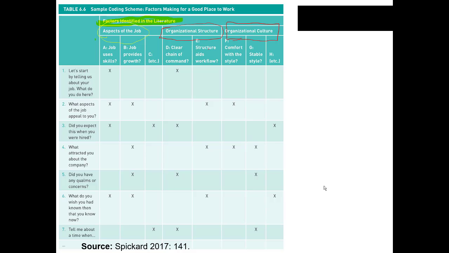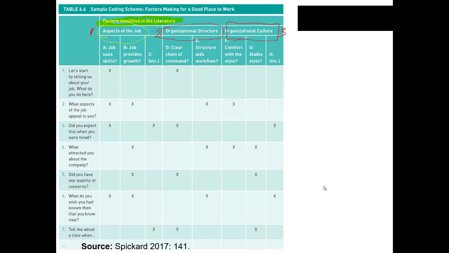However, it might be that people like organizations that change a lot because it lets them explore different ways of being in that organization. And then there could be other sub-themes as well. So this is nice because this example has a theme, a theme, and a theme, and then they've broken those themes into sub-themes.